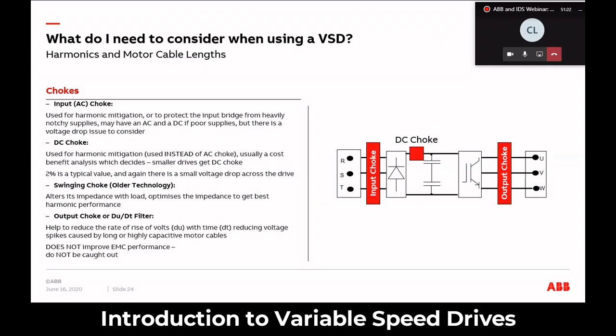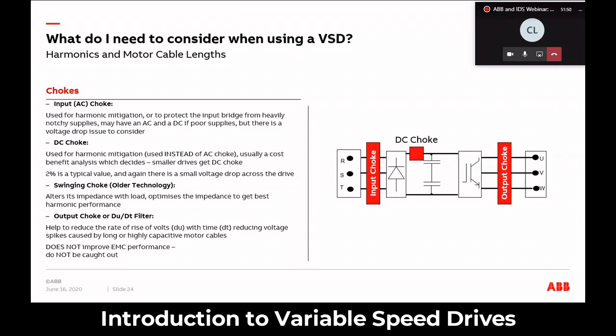We tend to use DC chokes on the smaller size drives because it's usually a cost benefit, where it's much cheaper to use a DC as opposed to an AC. On the larger sizes, it's more beneficial, not from a cost perspective but from a performance perspective, to go with an AC one as opposed to a DC one.